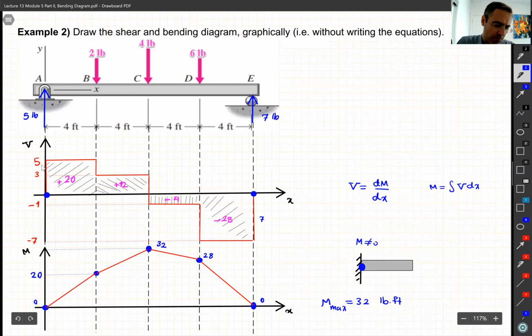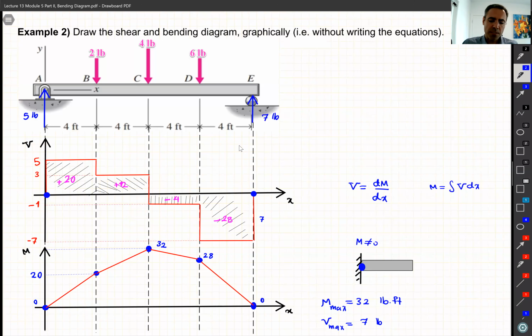And the maximum number you see on the V diagram is -7, but we just look at the amplitude. V max is 7 pounds, okay? So we know if this beam is going to break, where it's going to break. It's going to break at 32, and if it's going to be sheared, which I'll explain later, it is going to be on the last region over here, okay.